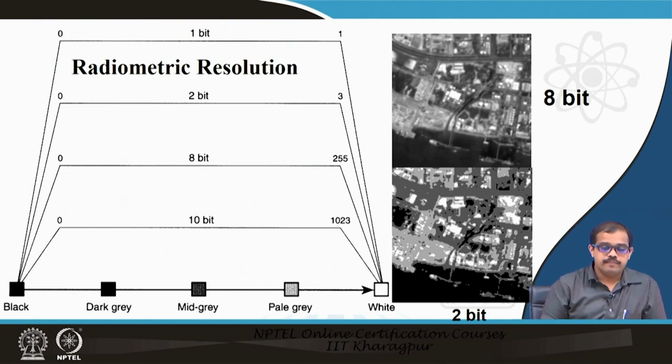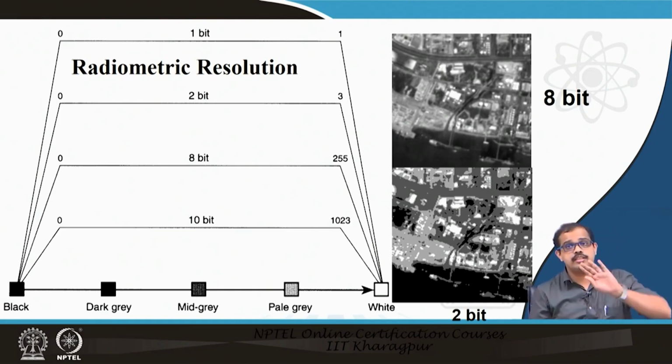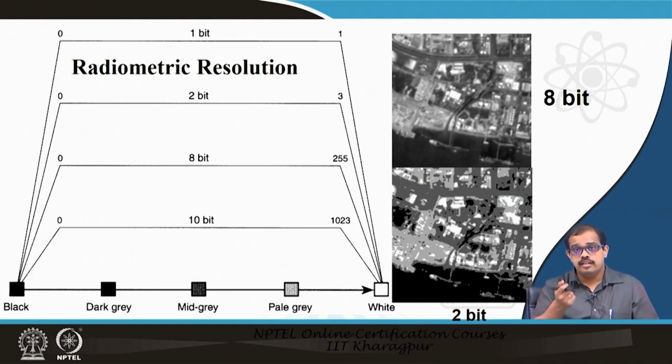For example, Landsat data is 8 bit data, which means its radiometric resolution is 8 and its values lie between 0 to 255. 0 is completely black. If you take an infrared image, 0 represents a water body, so it is completely black, whereas 255 would represent the highest reflected object from the earth surface.